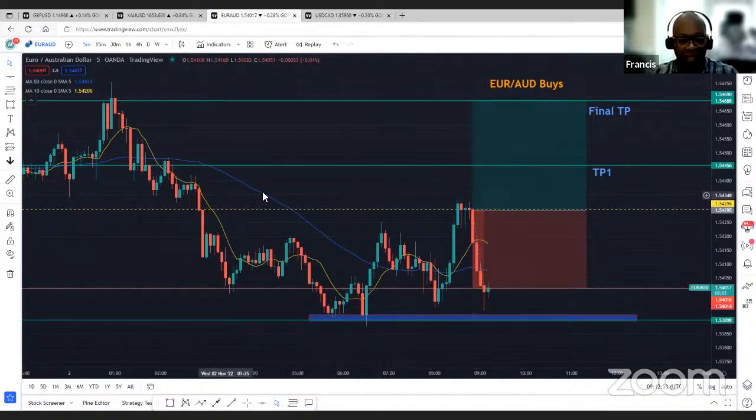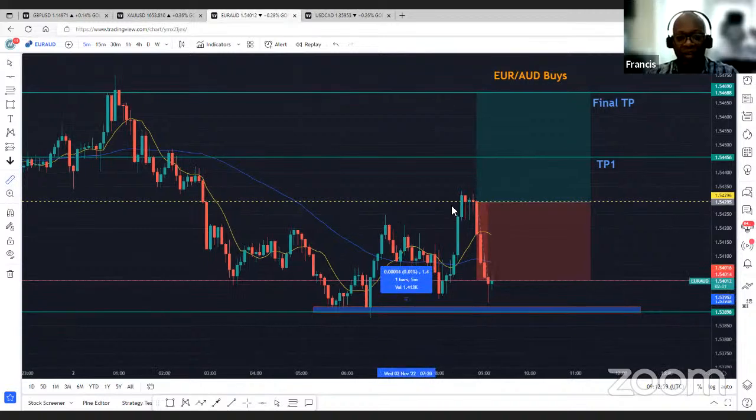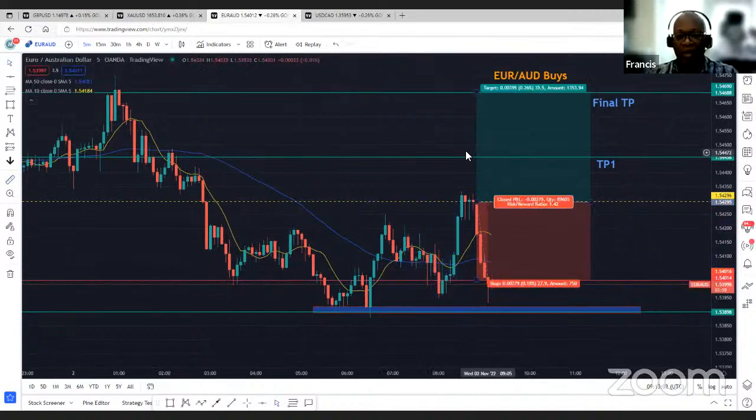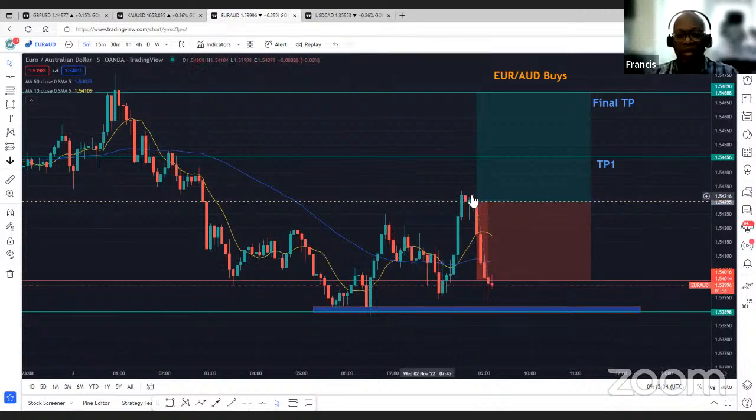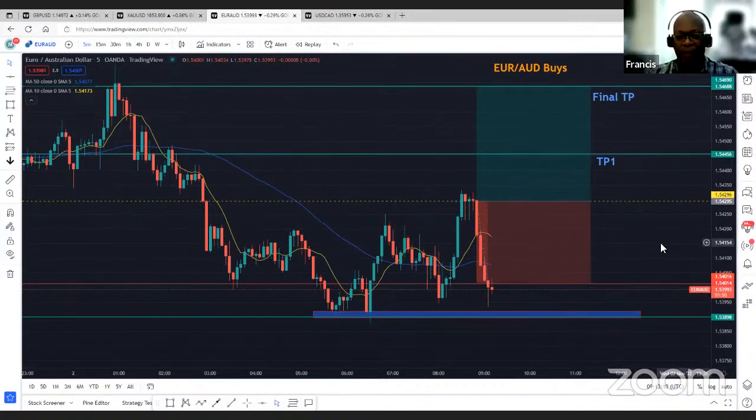Yes, I know it's the 5 minute, but it's created some sort of support here and resistance there. I would want the price to break above these two areas, structure here and structure there, before getting in the trade again.